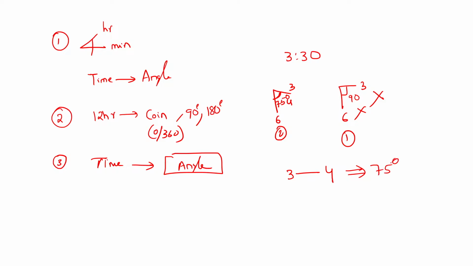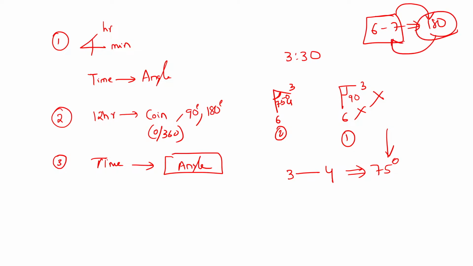He will give some time span like between 3 and 4 or between 5 and 6, and he will ask you during the time span at exactly what time you are going to get the given angle. Like, at what time between 6 and 7 are you going to get 180 degrees. You need to find out when you are going to get this particular angle during this time span.